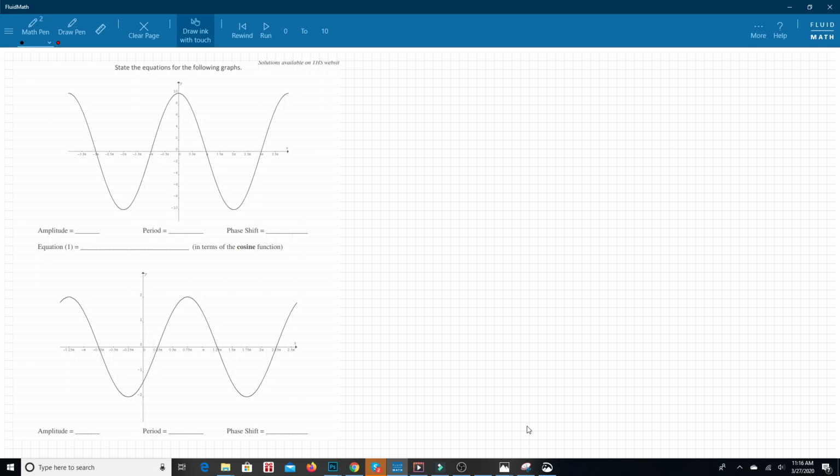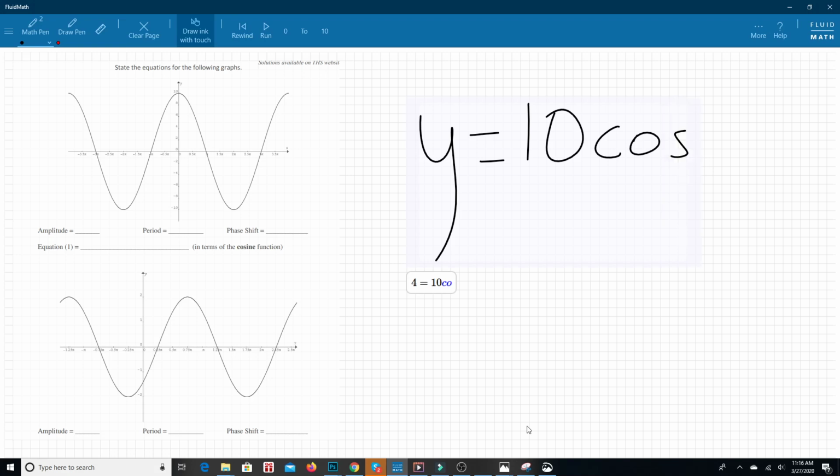So my equation will be y equals 10 cosine. And if you look at it, it's generally supposed to be from 0 to 2 pi, a full cosine curve, so from peak to peak, 0 to 2 pi.